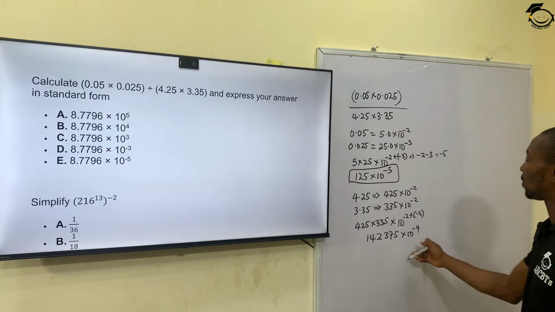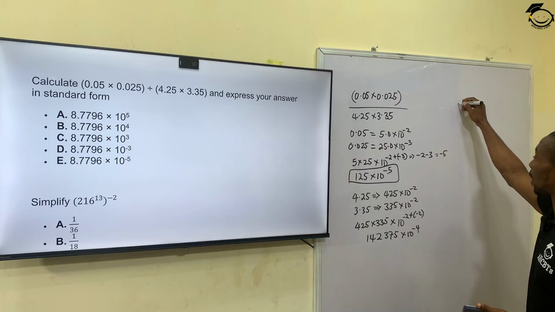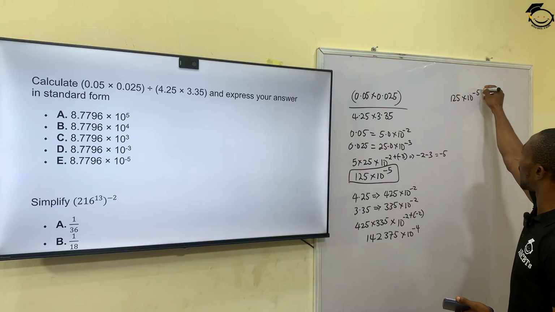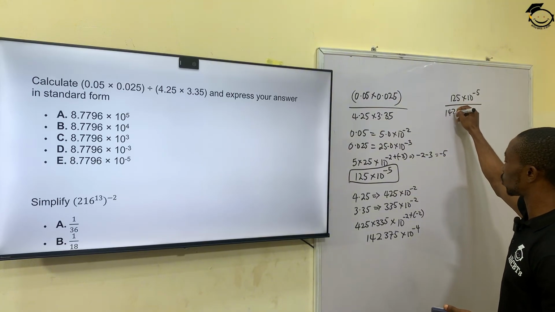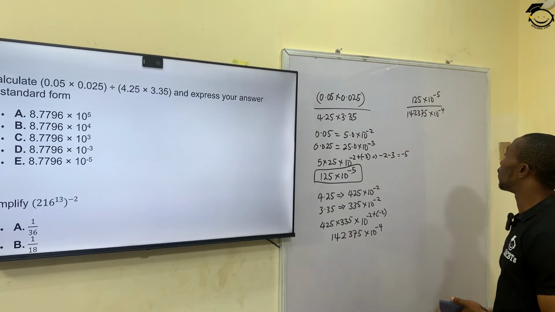Okay, now having this way, we'll bring these two together. This we are going to have 125 times 10 raised power minus 5 divided by 142,375 times 10 raised power minus 4.